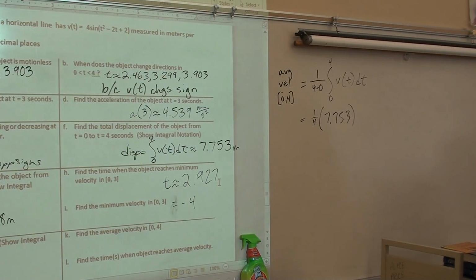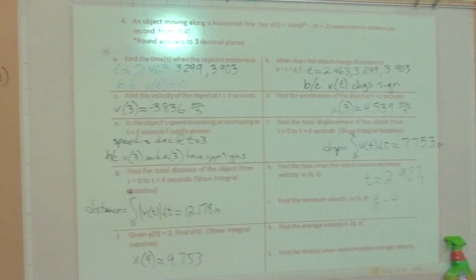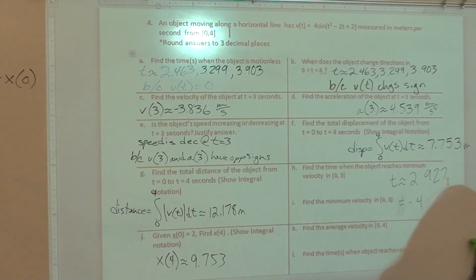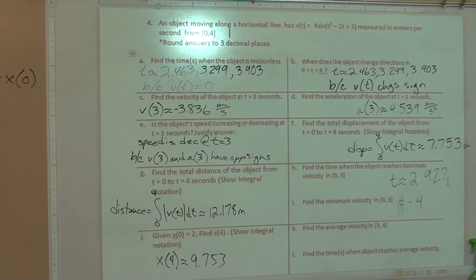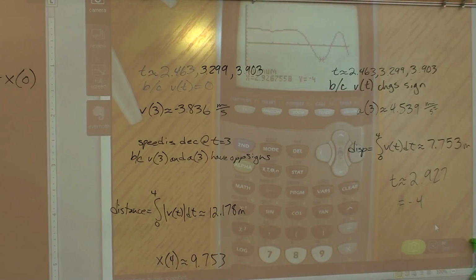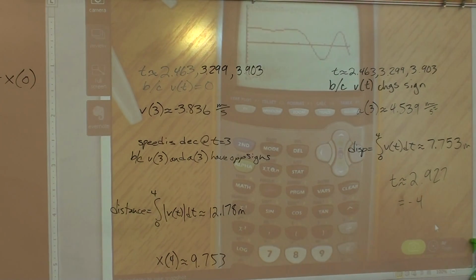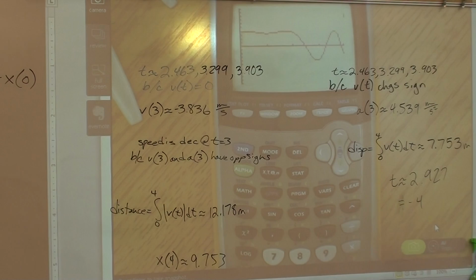By the way, if you're worried about rounding, because 7.753 divided by 4 could be off by the thousandth place, here's what you can do. I'm going to show you a little trick. If we were to do this integral again, from 0 to 4, okay, so there's our integral, and there's the nice full number written out.